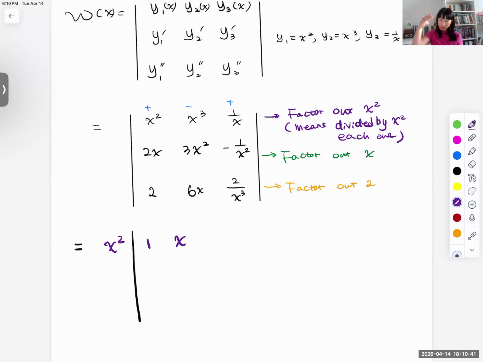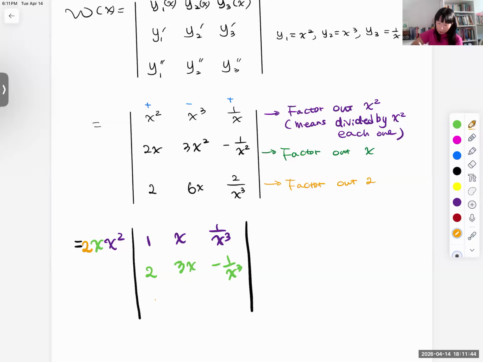Okay, now factor out the 2 with the orange color. So we do 2. Then 1 remaining. 6x, 2x, I'm sorry, 3x remaining, right? And the third one is 2 out, then 1 over x to the third power, right?